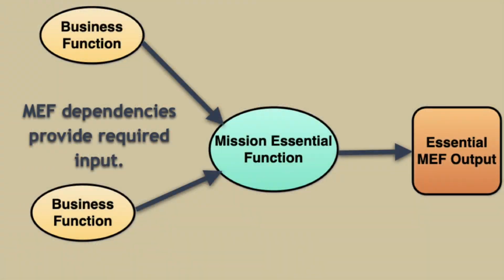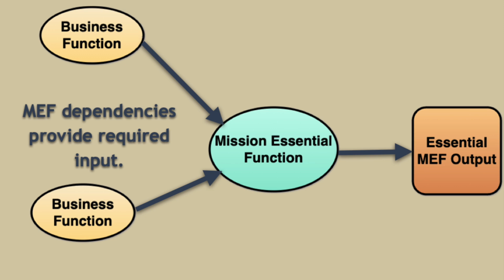After selecting an MEF to analyze, the next step is determining all supporting dependencies required to sustain it. This involves looking beyond each function in isolation and considering the people, processes, technology, and external partners collectively enabling its operation.